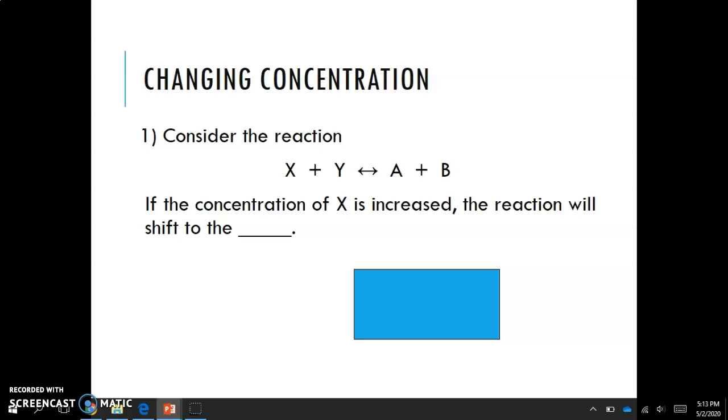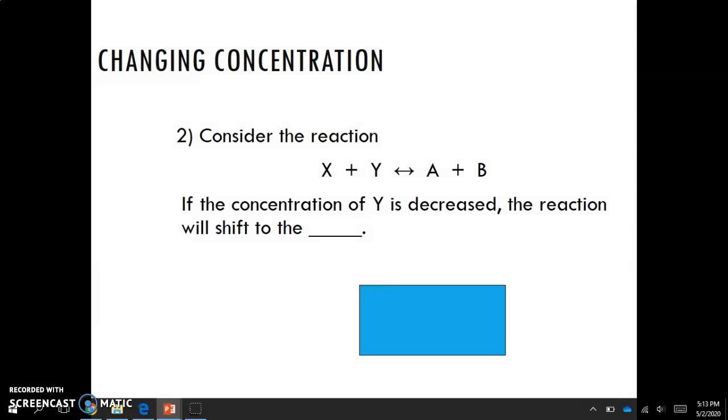So that means we're going to have more reactants on the left than we do have products on the right. Now, if our reactants are up and our products are down, we're going to favor the production of our products because we want more products to be made until equilibrium is reached. So we're going to shift to the right, okay? We're going to favor the production of our products until equilibrium is reached.